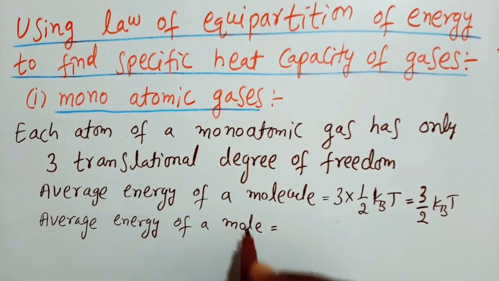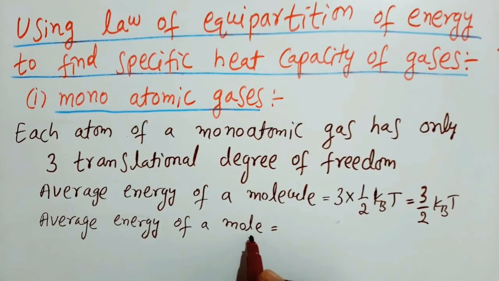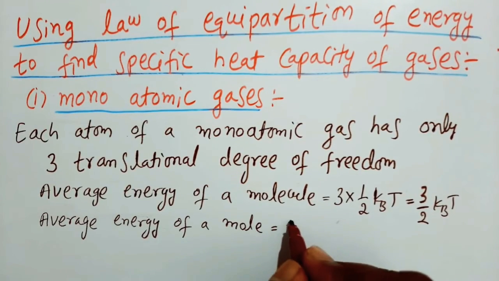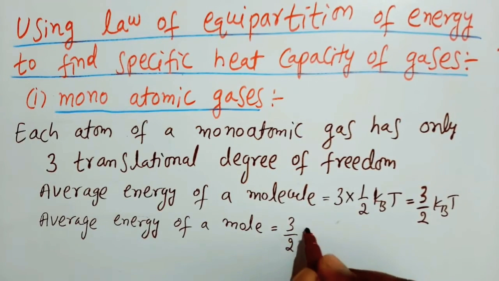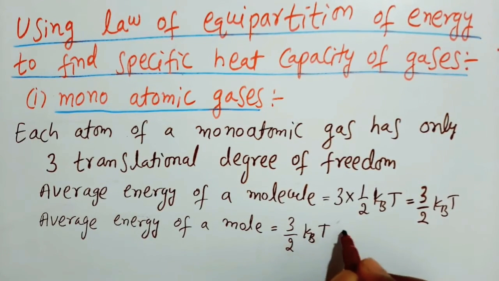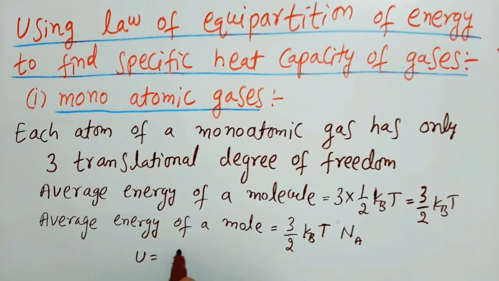We know in a mole Avogadro number of molecules exist, so the average energy of a mole is 3/2 kBT into NA. So we can write U is equal to 3/2 NA kB T. We know NA into kB is equal to R, so U is 3/2 RT.